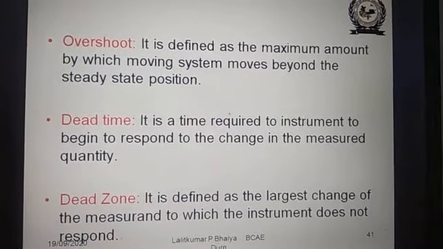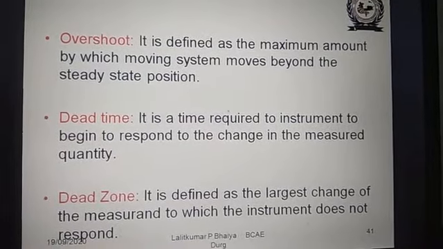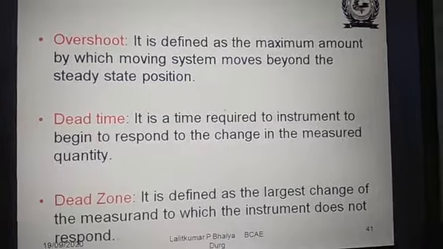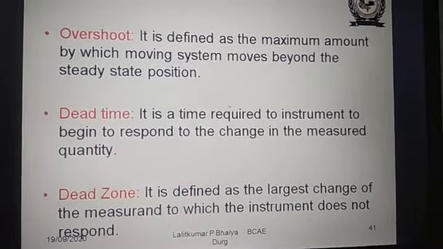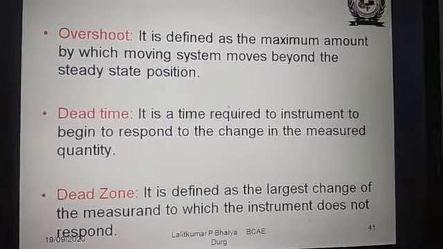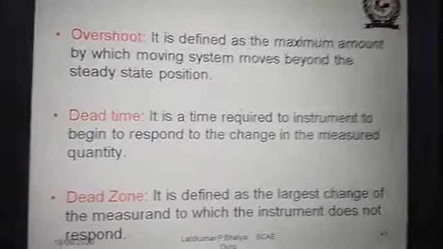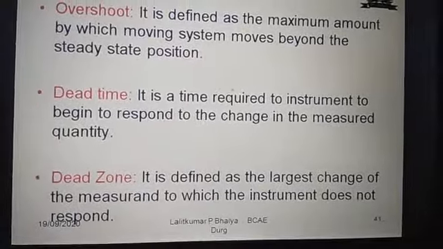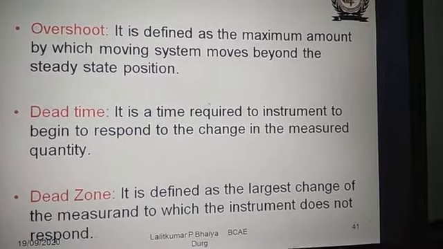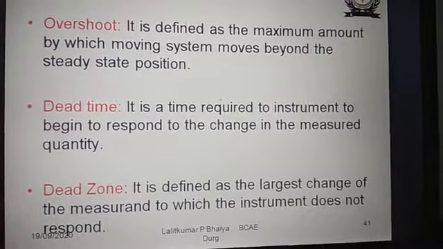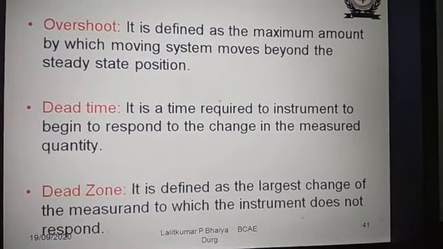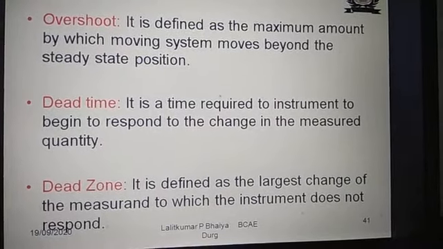Overshoot. It is defined as the maximum amount by which the moving system moves beyond the steady state position. It's called the overshoot. Dead time. It is the time required for the instrument to begin to respond to the change in the measured quantity.